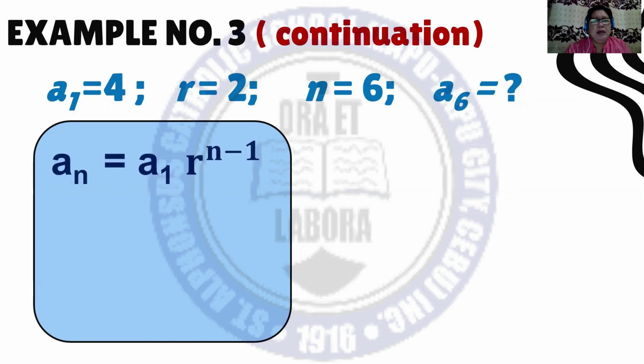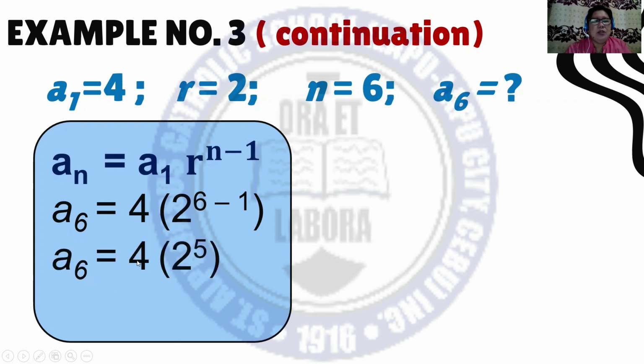Using the formula a sub n is equal to a sub 1 times r raised to exponent n minus 1, all you have to do is substitute 6 to n, then 4 to a sub 1, times the quantity 2, which is the value of the ratio, raised to exponent 6, which is the value of n, minus 1. And a sub 6 is equal to 4 times 2 to the exponent of 5. 6 minus 1 is 5.